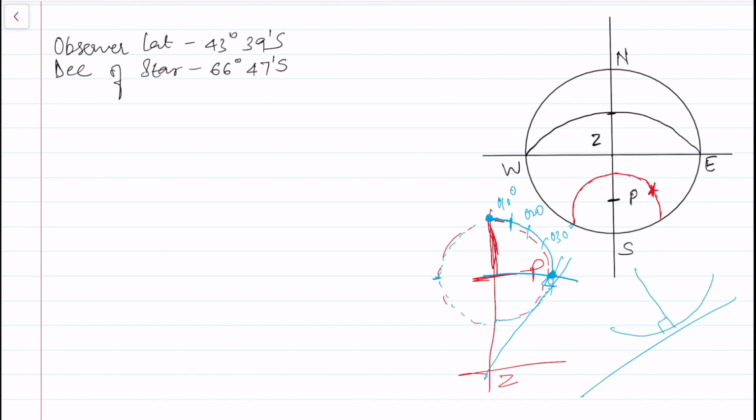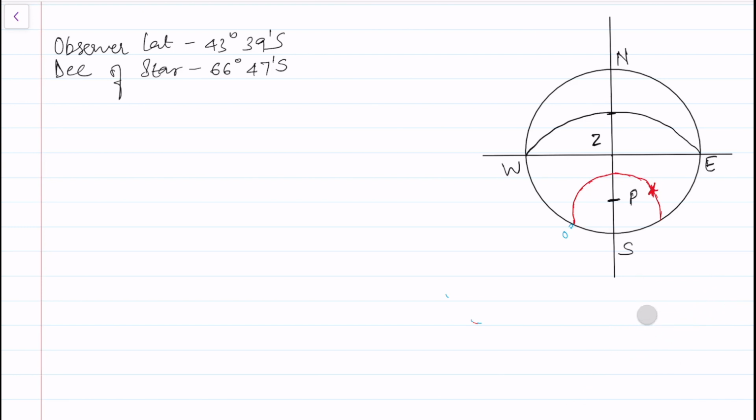So let us consider our diagram. I'll erase this off. In our diagram, let me join Z, the zenith of the observer, and the body, and let me join P and the body. So this becomes 90 degrees, and here we have our PZX triangle.